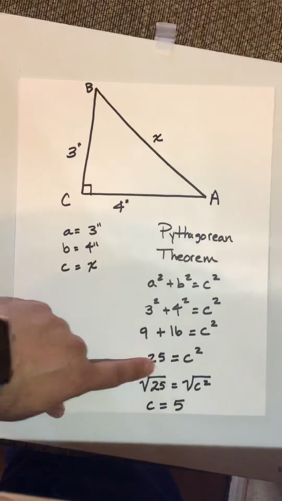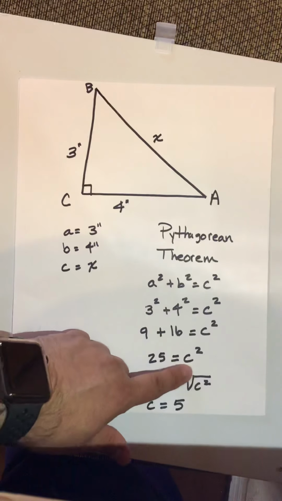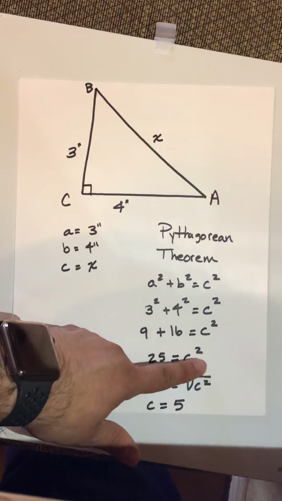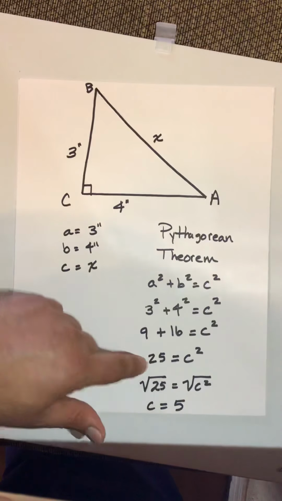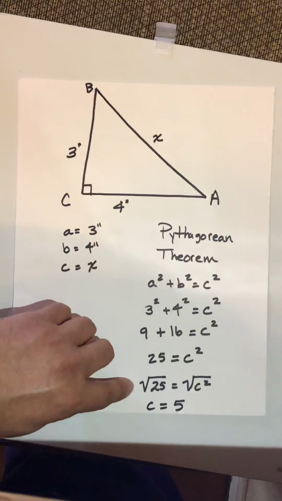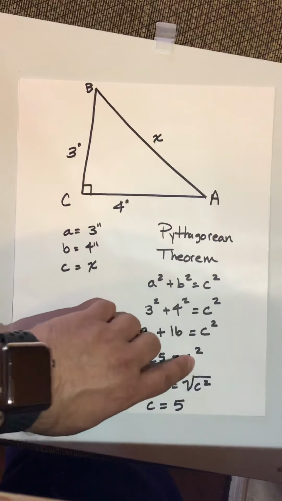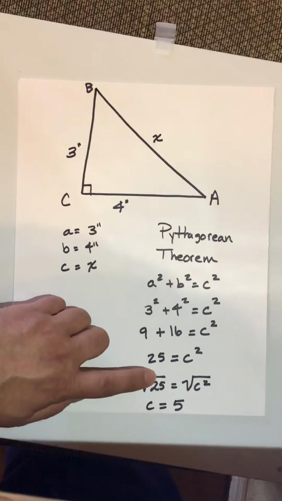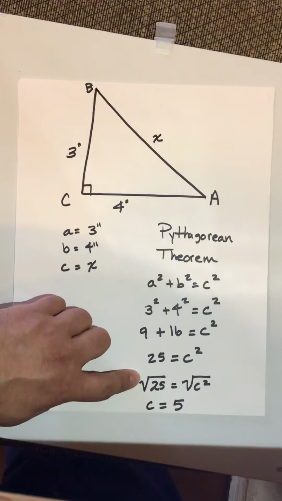Now what this is saying is, what number times itself can give me 25? And one way you can figure it out is by doing the square roots. The square root of c squared or the square root of 25, right? Because you're trying to find what number by itself can give you 25.